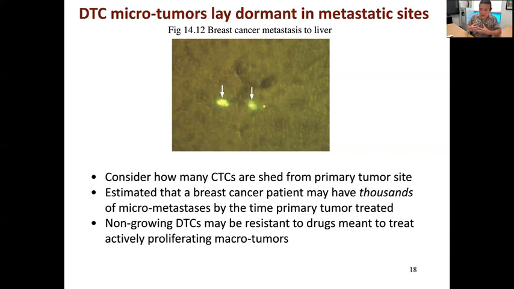So many drugs are meant to target cells that are rapidly dividing, right? So the primary tumor cells might get hit very hard by that chemotherapy, and the primary tumor may regress, right, and shrink. But the thousands of micrometastatic lesions that aren't rapidly dividing may not actually be affected by the drug, right? Because they are not rapidly dividing.